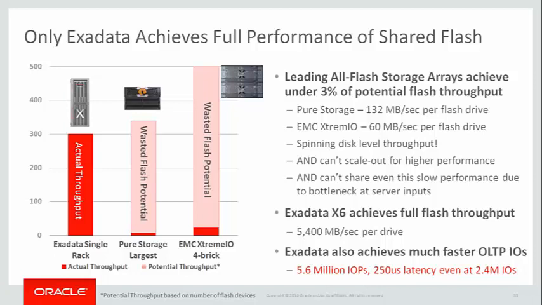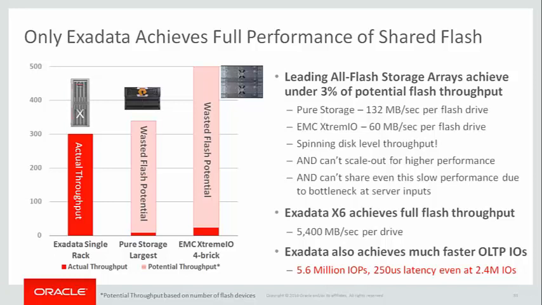So this is actually spinning disk level throughput, and you can't scale for higher performance. And you can't even share this slow performance because the bottleneck is actually at a server input level. So significant performance is wasted when you use any of the storage arrays.